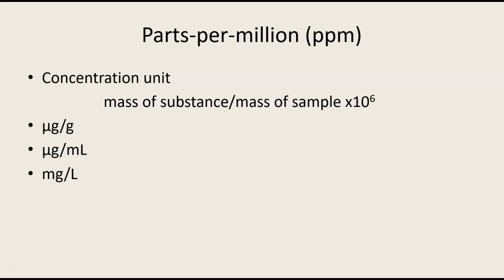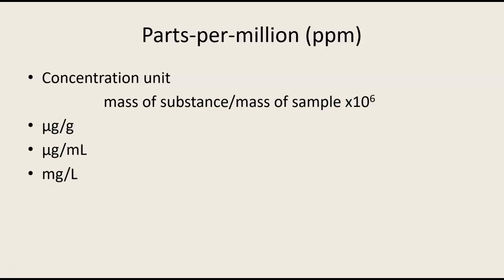This is ppm, parts per million. So we think of it in terms of that definition that we've just seen. Mass of substance divided by mass of sample is micrograms per gram. That is equal to 1 part per million. Remember, micro is the SI prefix for 10 to the minus 6, or 1/1,000,000th. So 1 ppm would be a microgram per gram.